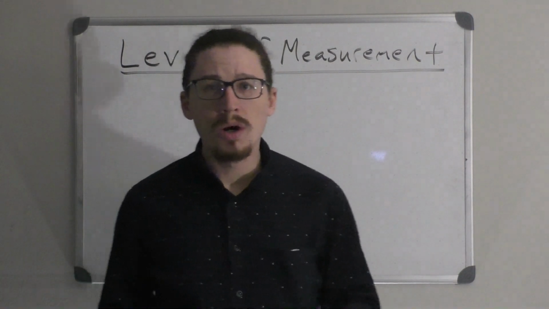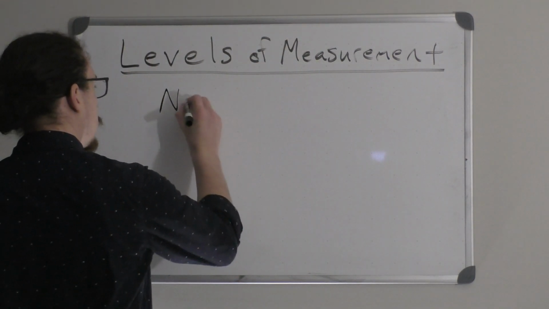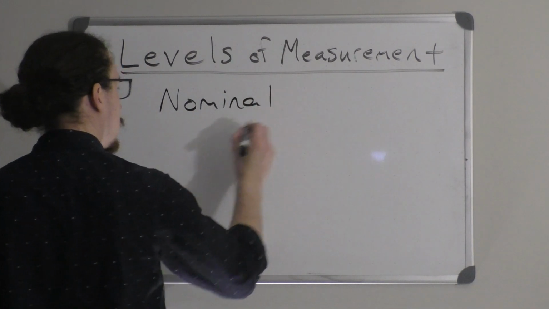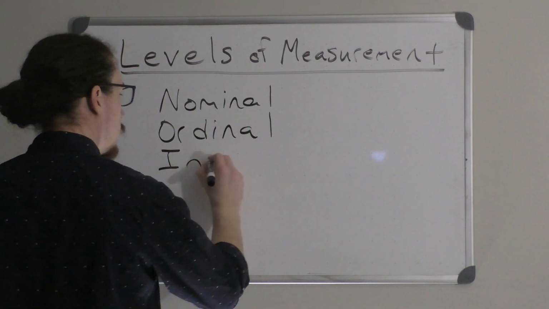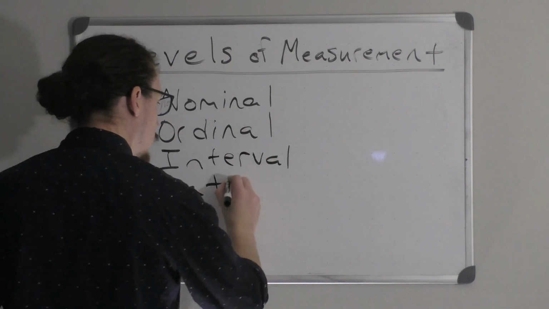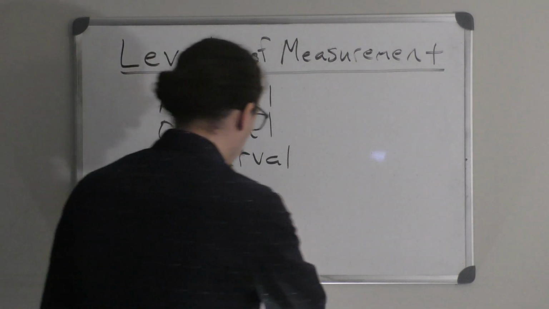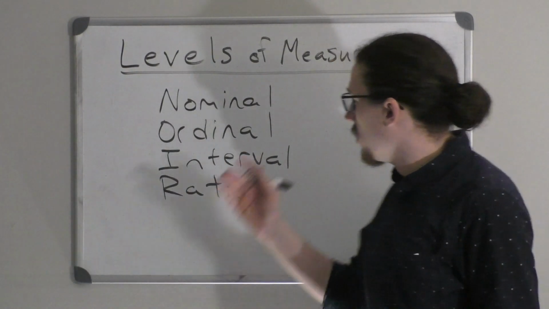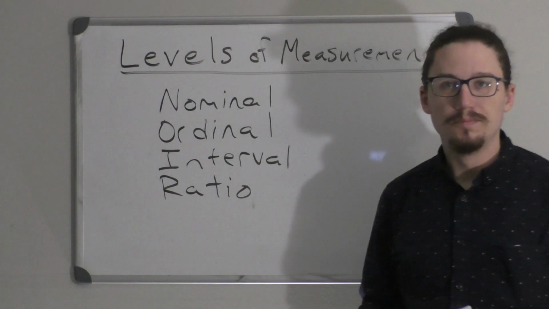All right, so there are 4 levels of measurement. Those levels are nominal, ordinal, interval, and ratio.